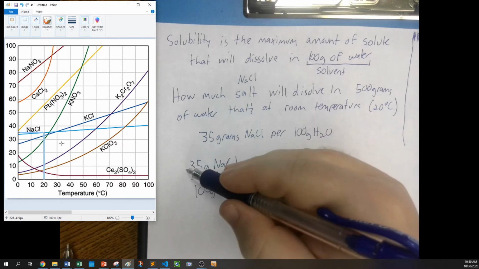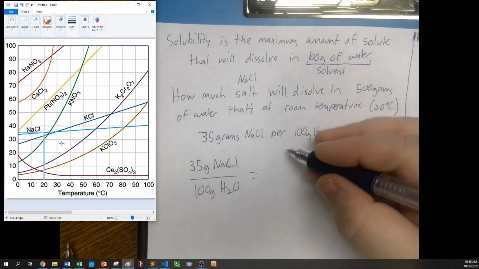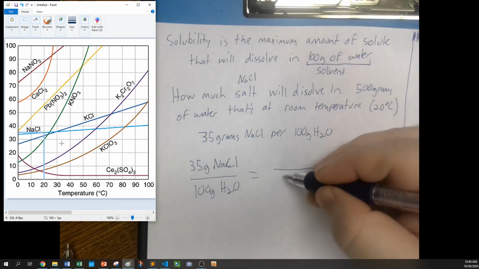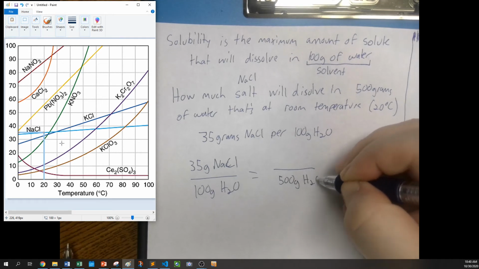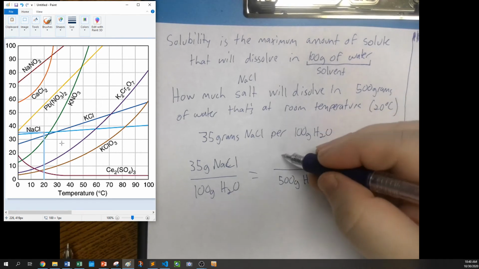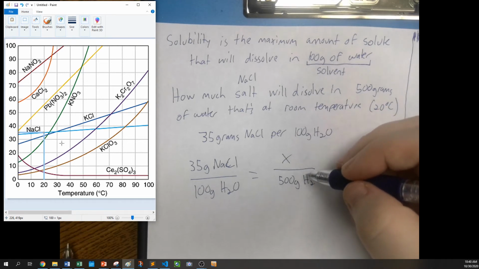So this is a ratio of a solute to solvent. This ratio is going to stay constant. So if we change it to 500 grams, then we need to figure out how many grams of sodium chloride will dissolve.